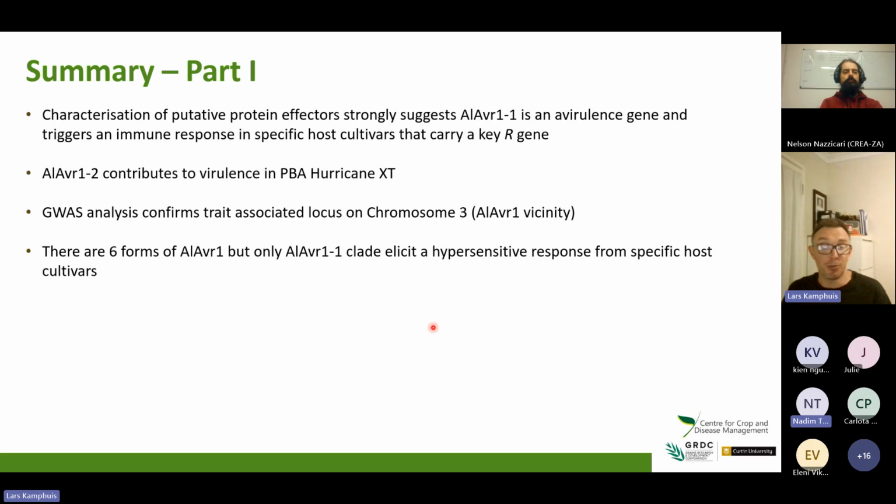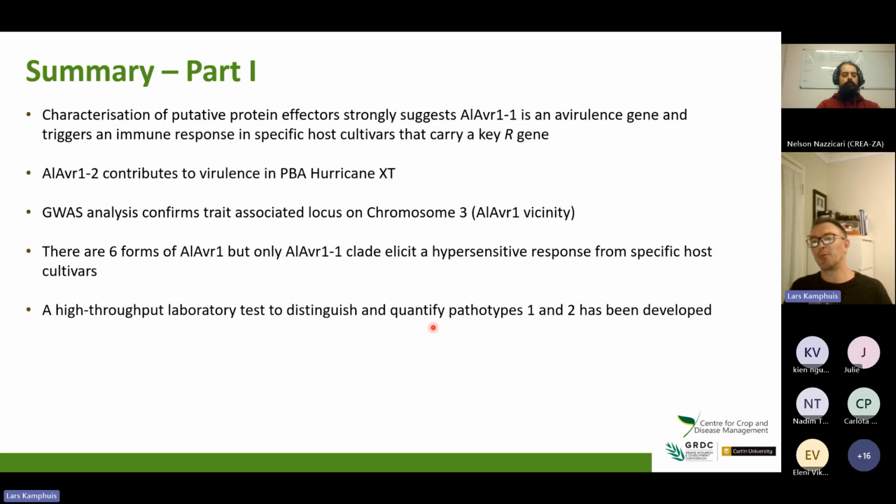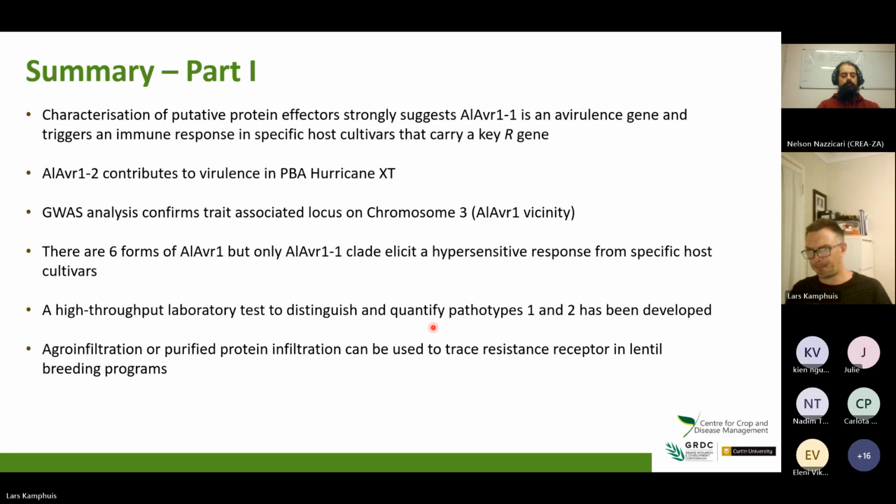I showed you that there's 6 forms of this ALAVL1 protein, but only the clade that contains the 1-1 protein elicits a hypersensitive response in cultivars that carry the resistance gene, and we've been able to develop a high throughput laboratory test to distinguish and quantify the 2 pathotypes.